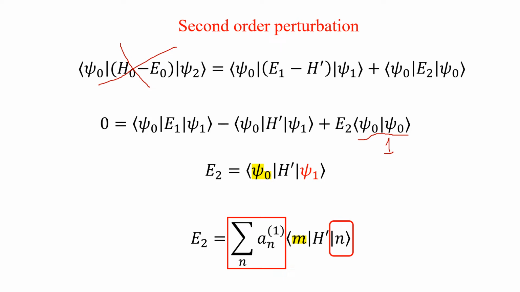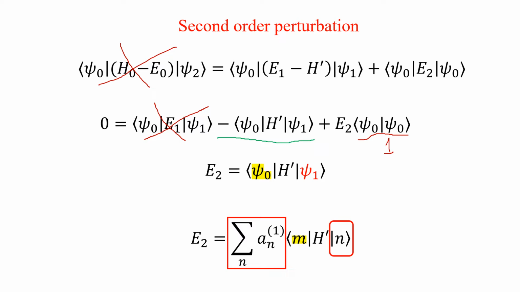And what about this term? Here you have E1. If you take E1 outside, then the inner product of psi naught with psi 1 will become 0 due to the orthonormality condition. So this will become 0. So naturally here you have E2, and here you will have minus psi naught H prime psi 1.